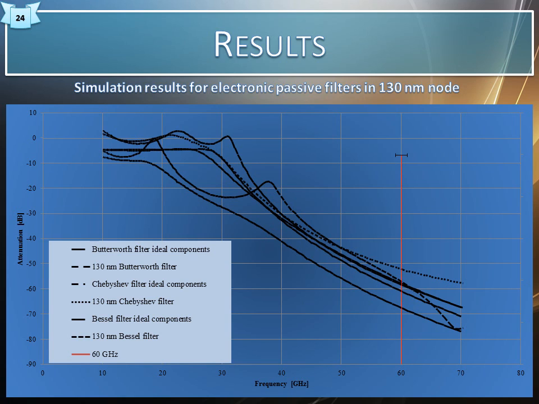The measurement results of these circuits are also presented shortly to confirm the operation within the required band. Only the Butterworth and Chebyshev filters were prototyped as a result of physical space constraints when designing for an MPW run.